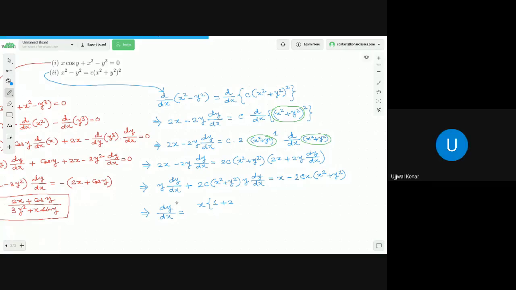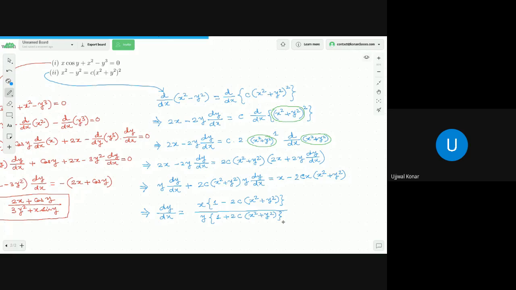So then what do we get? We get that dy/dx is equal to x into 1 minus 2c into x square plus y square, correct? Minus 2c into x square plus y square, divided by y into 1 plus 2c into x square plus y square.